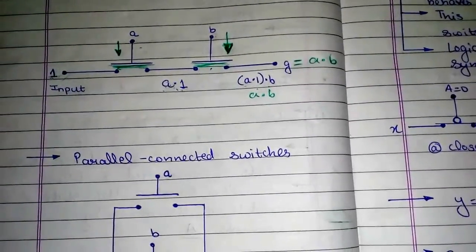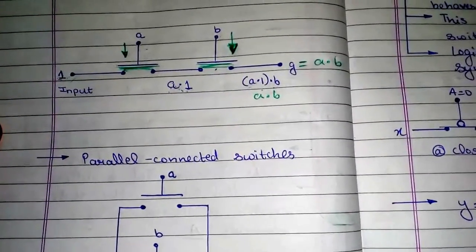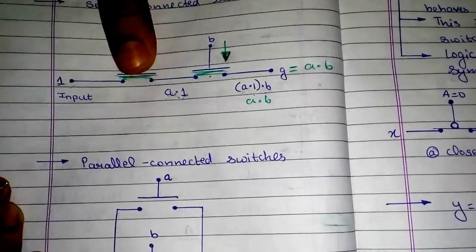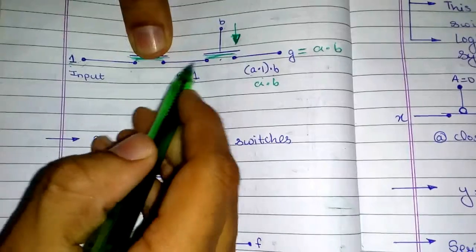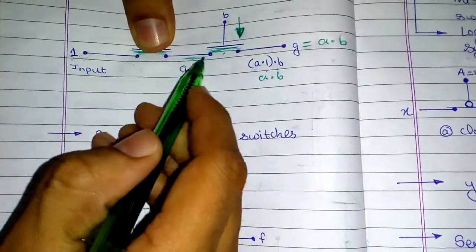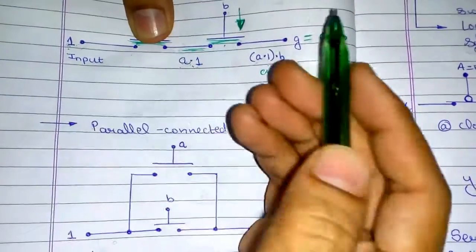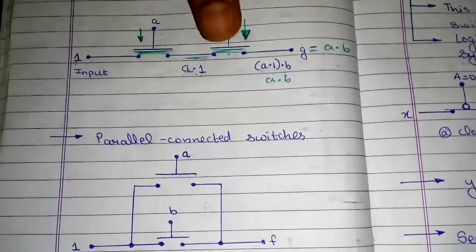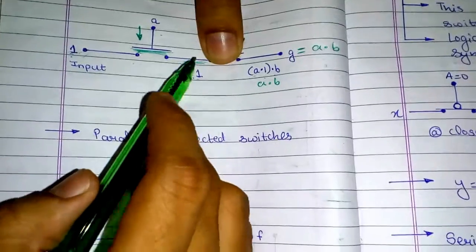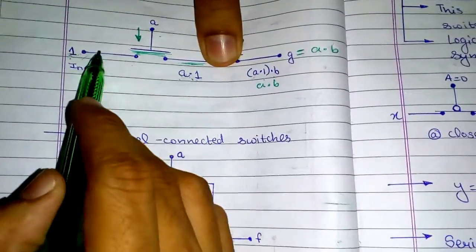If any one of the switches is not closed, if any one of the switches is open, let's say this switch is open, the input will not travel here. There will be no input here, nothing will be present here, and nothing will be multiplied by B, and I won't get an output. The same applies to this case. If B is open, then that means there is no connection.